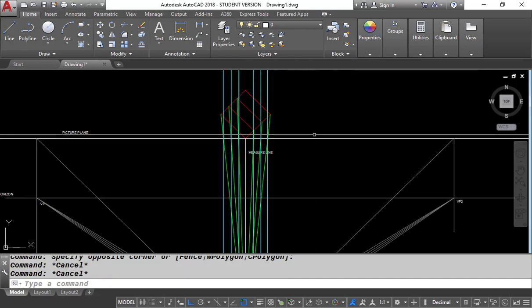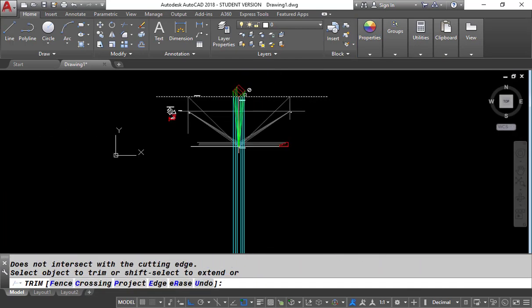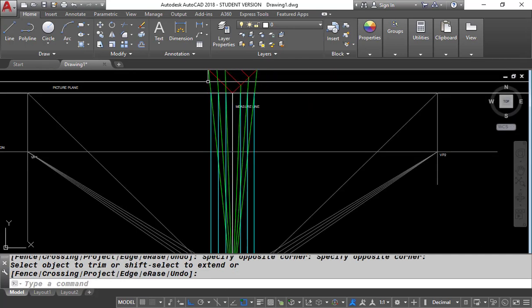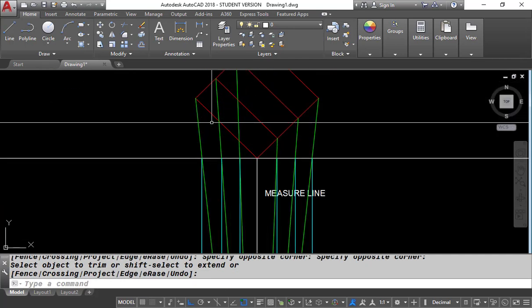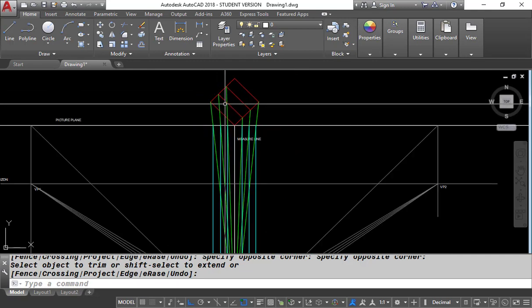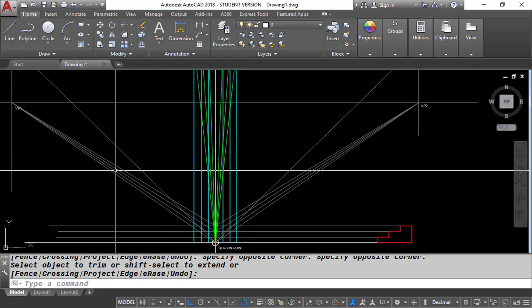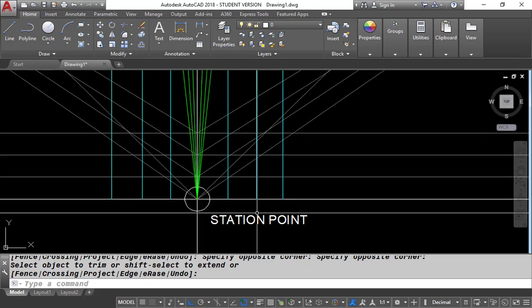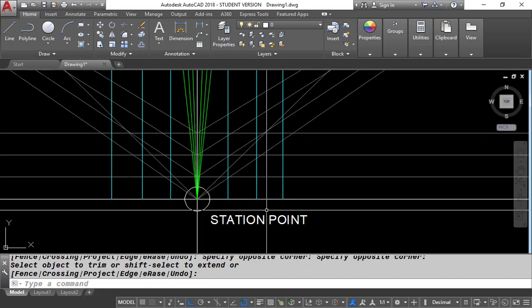Let's say cyan color. So now you have all the vertical lines, you have all the lines connected to the station point, you have all the lines connected to the vanishing point. Now you are able to draw the staircase very perfectly.